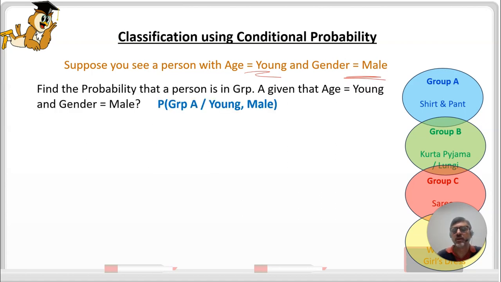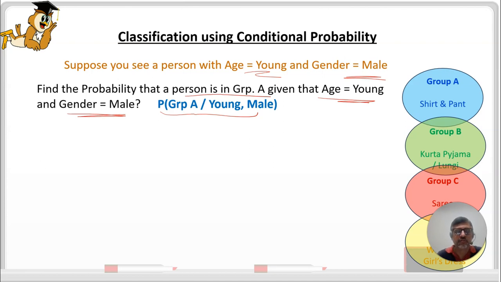Here are the conditional probabilities that you first need to find. Find the conditional probability that a person is in group X given that his age is young and his gender is male. So in our notation this is written in this way: probability that the person belongs to group A given that he is young and male, right?